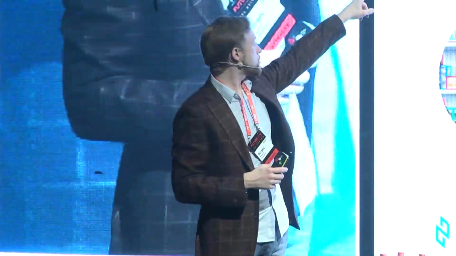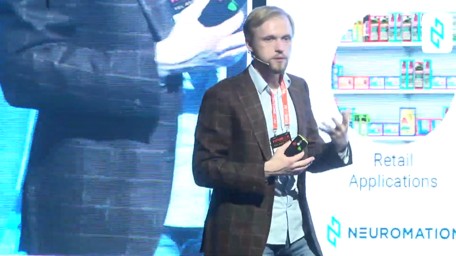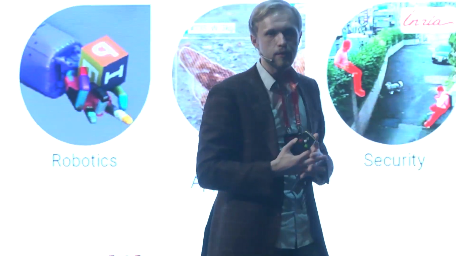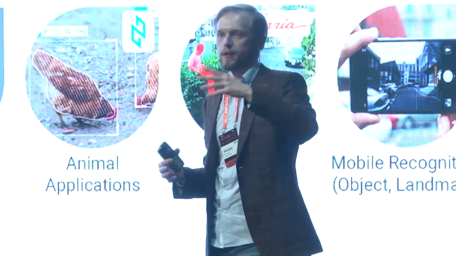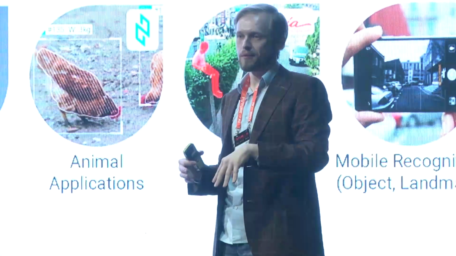Actually, historically, it began with autonomous vehicles, with the self-driving cars, and with robotics. Because in these kinds of applications, you often want to train your model with reinforcement learning. And for reinforcement learning, you need to have an environment where an agent can act and see how the environment responds.